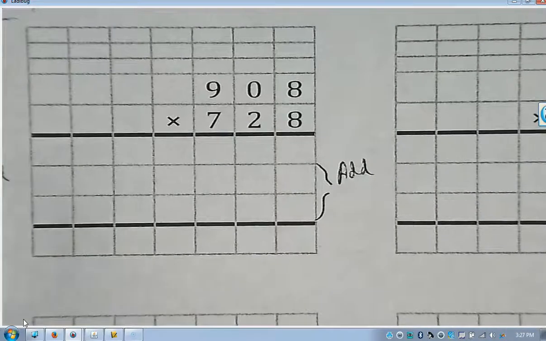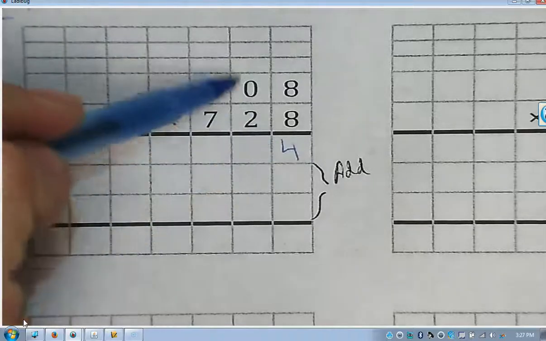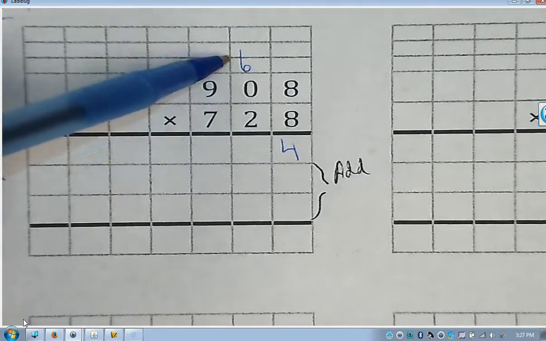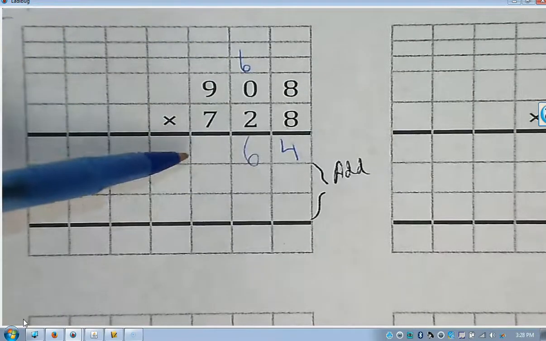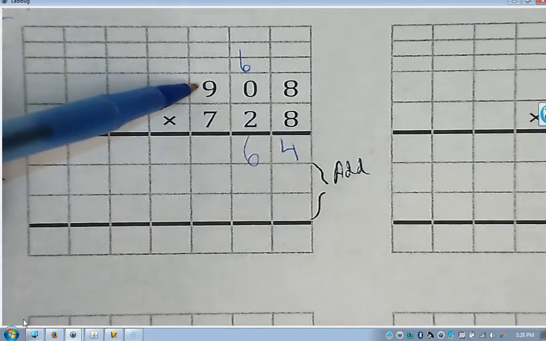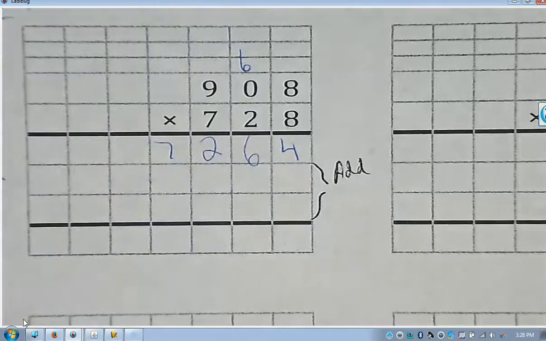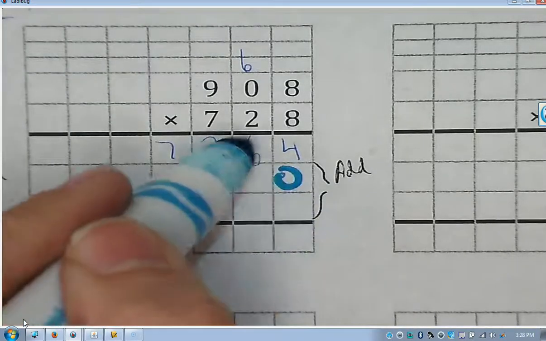Okay. 8 times 8 is 64. 8 times 0 is 0 plus 6. 8 times 9. That's for the times 20.